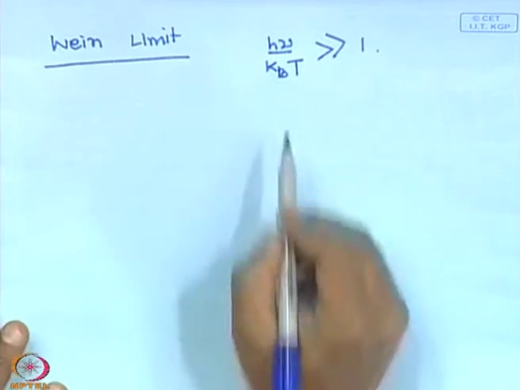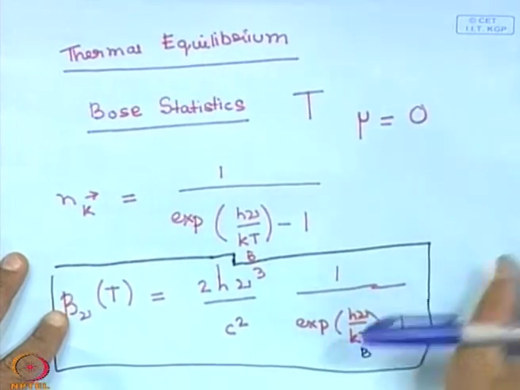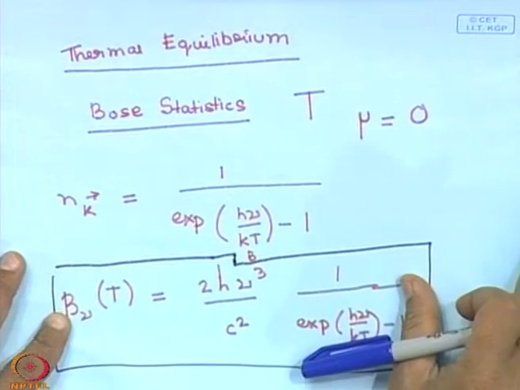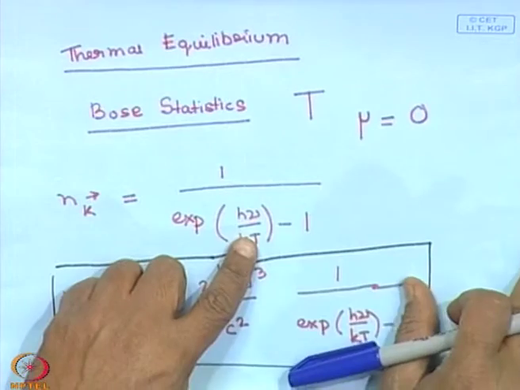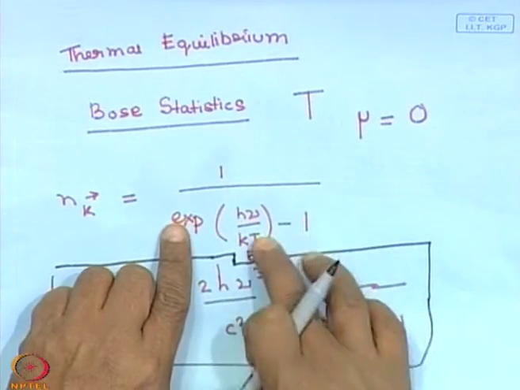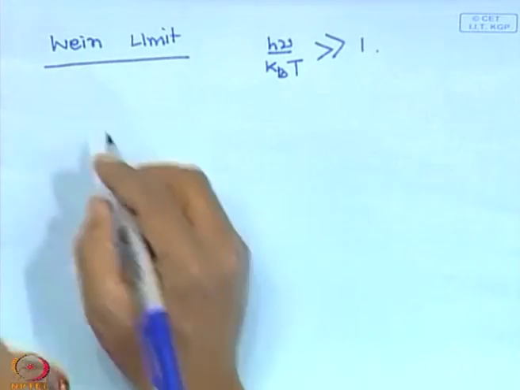So, if h nu by kB T is much greater than 1, the occupation number is essentially exponential minus h nu by kB T, because this number is very large, much greater than 1.